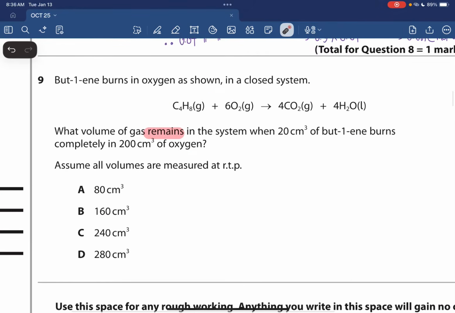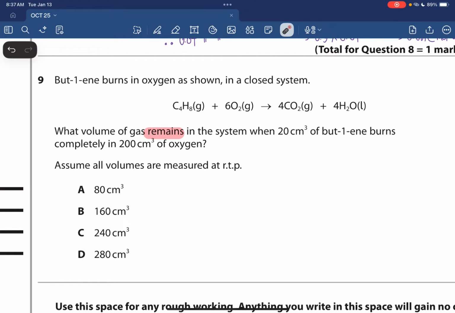Moving on, just a moment, guys. But-1-ene burns in oxygen in a closed system. In a closed system, what volume of gas remains in the system when 20 centimeter cube of but-1-ene burns completely in 200 centimeter cube of oxygen?